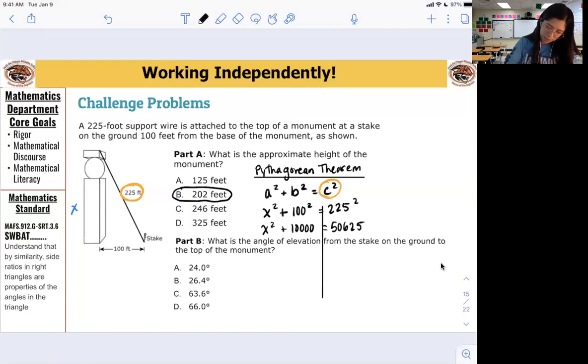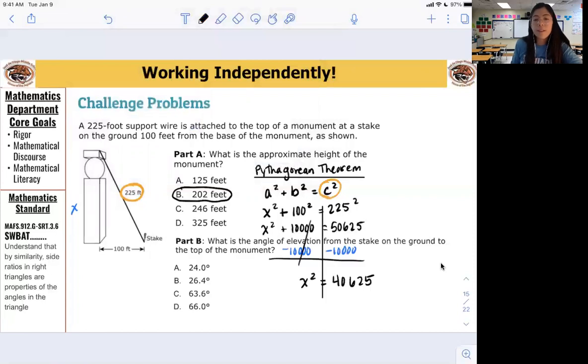Subtract 10,000. Okay, so x squared equals 40,625. Rios, what do I do to both sides on this last step?